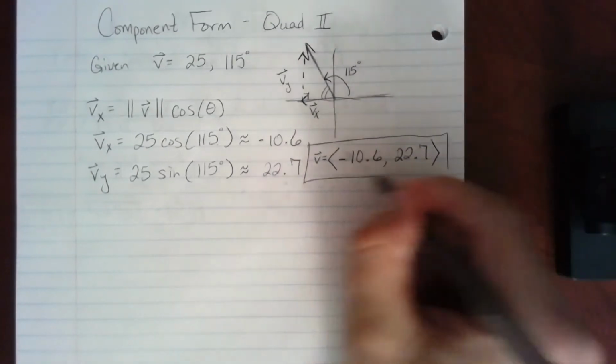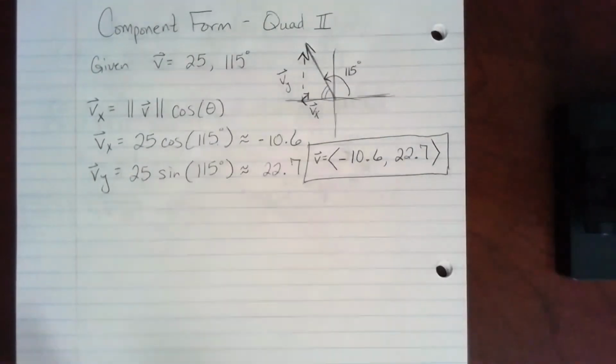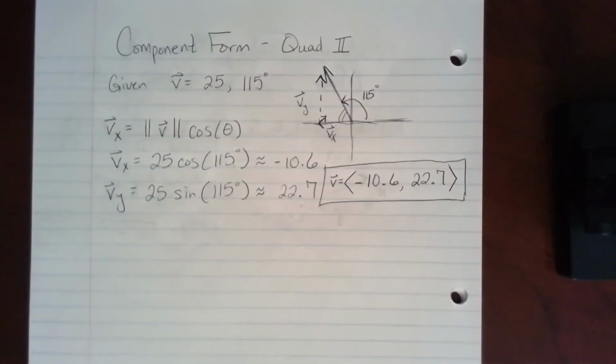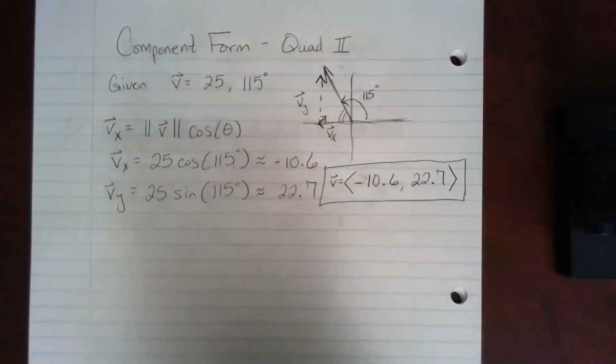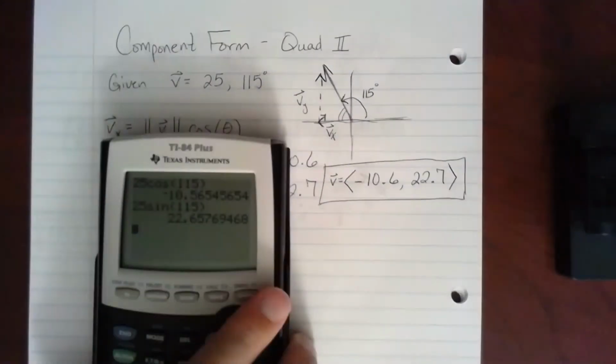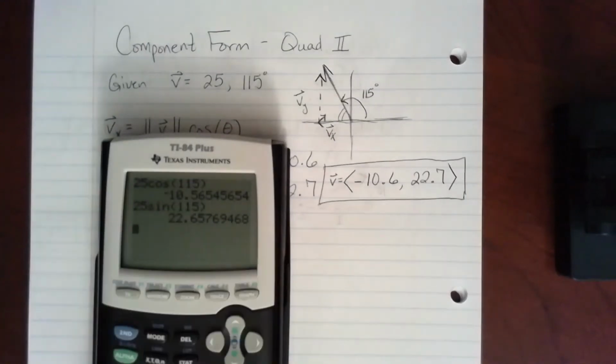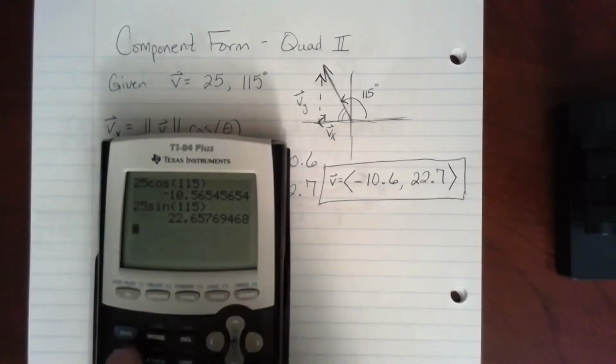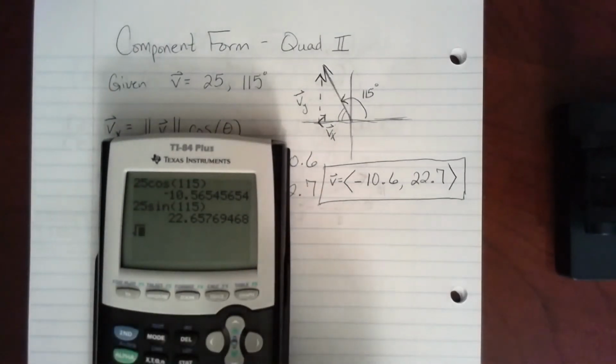And then here's where we would want to run the check through. So if you feel pretty confident about what just happened, you can go ahead and stop there. But just as a reminder, if we're not sure that we've done this correctly, we can check it in a couple of ways. The first way is to take the square root of 10.6 squared plus 22.7 squared.